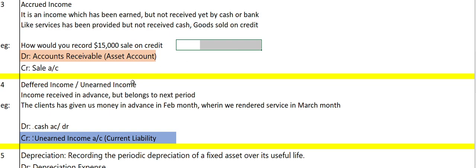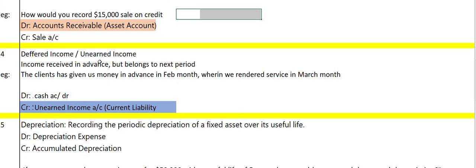The next one is deferred income or unearned income. It is called deferred income as well as unearned income. Income received in advance but belongs to the next period. The meaning itself says you have received income, you have received cash in advance, but it belongs to the next period.